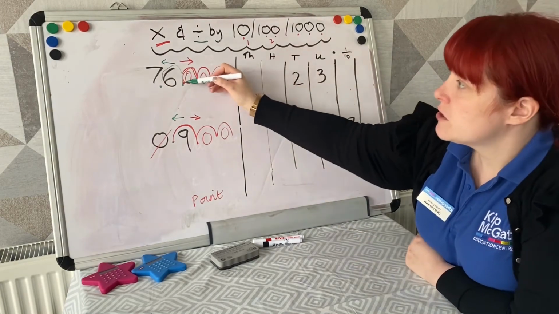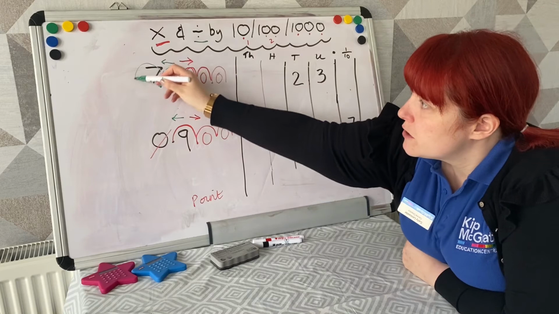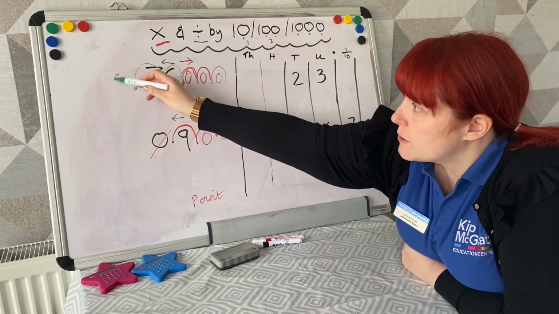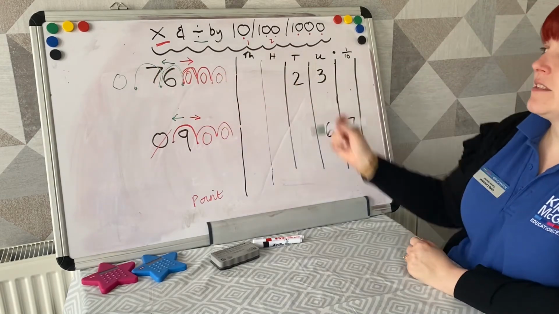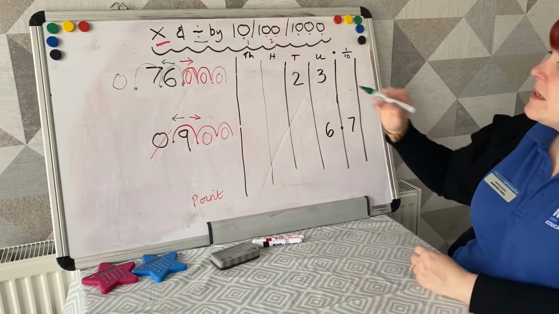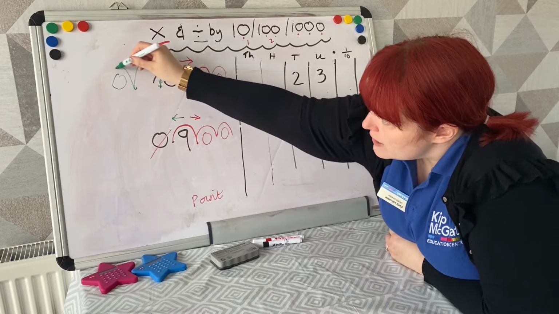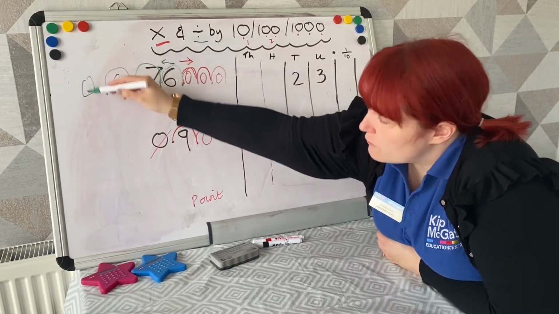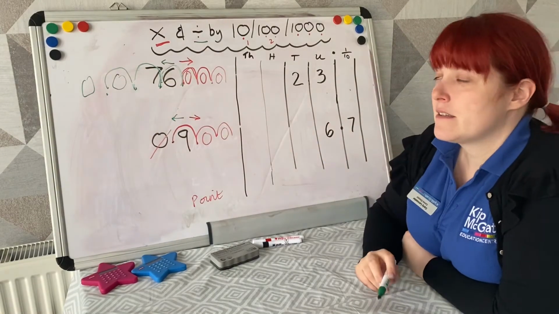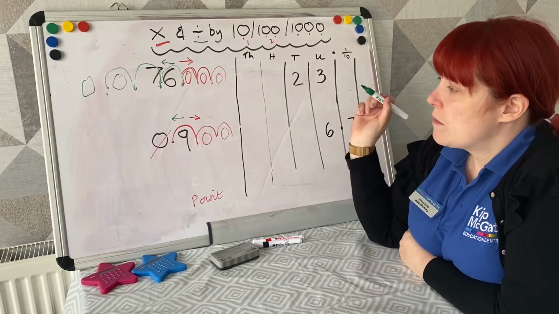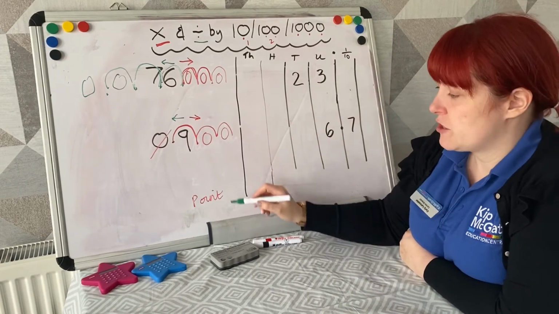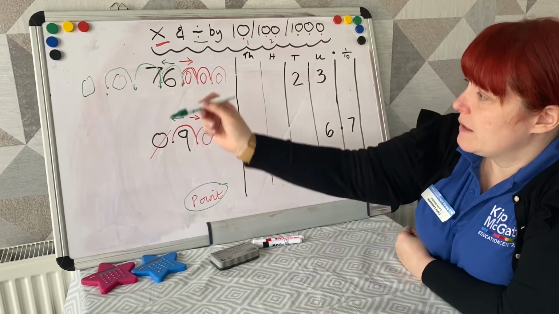Divide by 100, 2 places, 1, 2. So it becomes 0.76. 3 places, 1, 2, 3, 0.076. Okay, so we're moving the point and it's going that way.